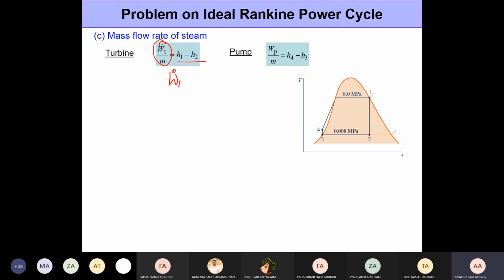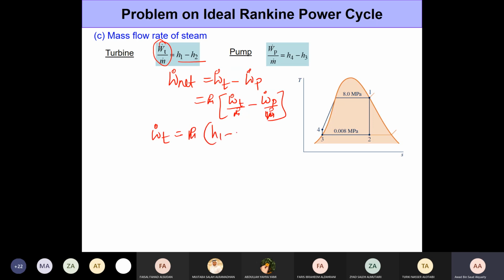Now, the net work output is simply the turbine work output minus the pump work input. So you could write it as m dot times Wt by m dot minus Wp by m dot, or you could just write the work output of the turbine as mass flow rate times H1 minus H2. Same way you could write it for the pump.